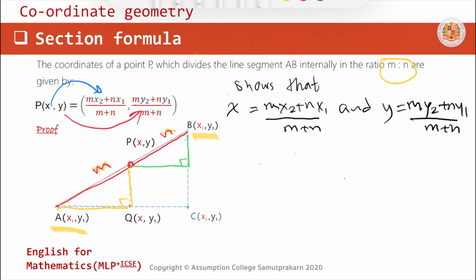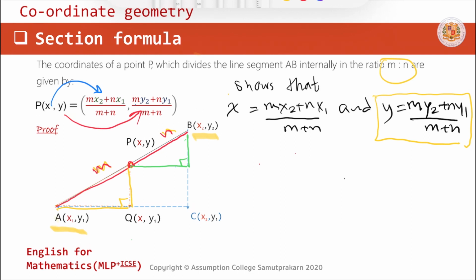But it doesn't look like we're gonna have enough space here to prove all of them, so I might just prove x for you and then leave the y for you to do by yourself.